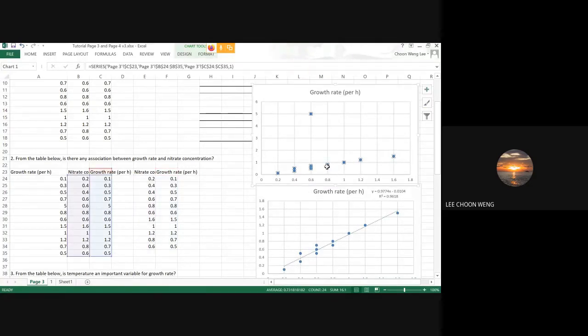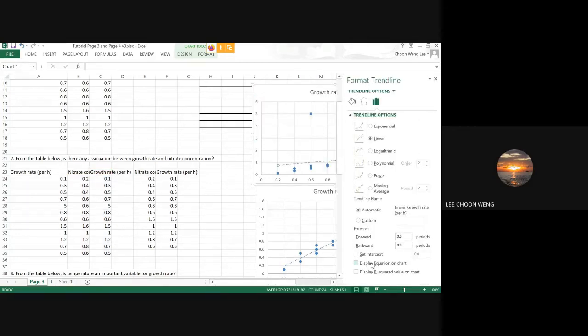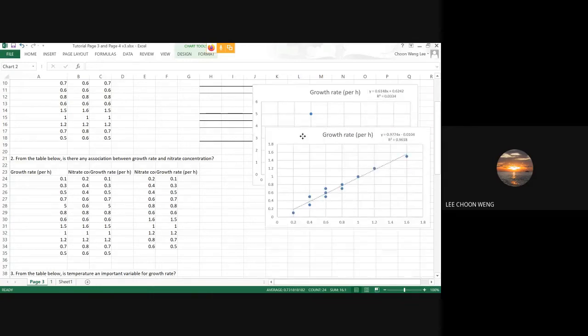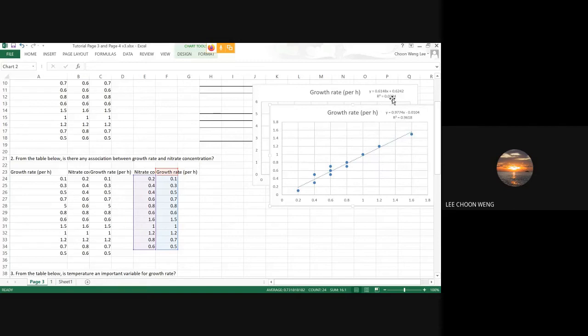If you add a trend line here, what is obvious is that the R squared is very low as compared to this.